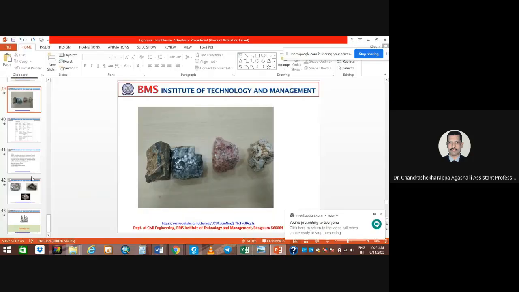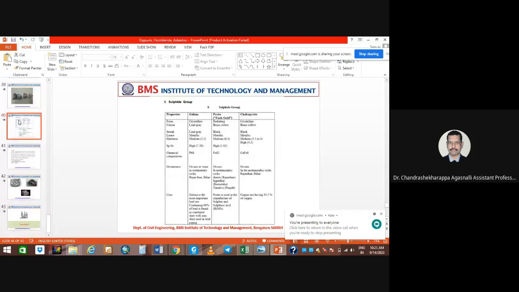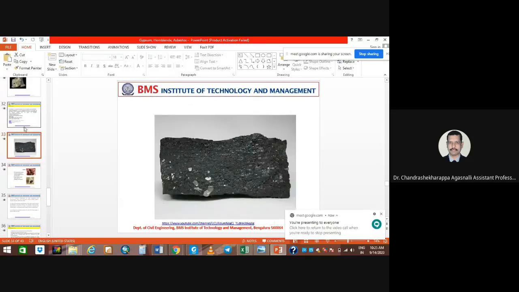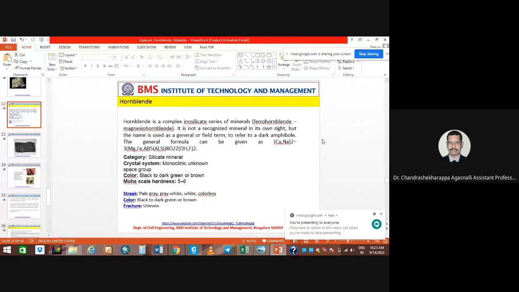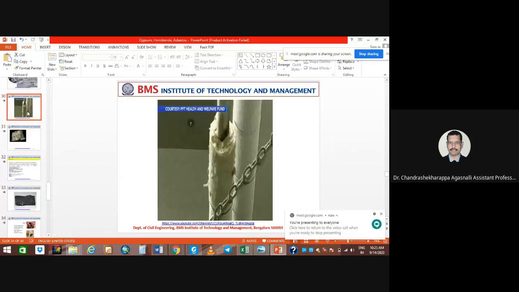And what are the uses of hornblende? Okay, asbestos.